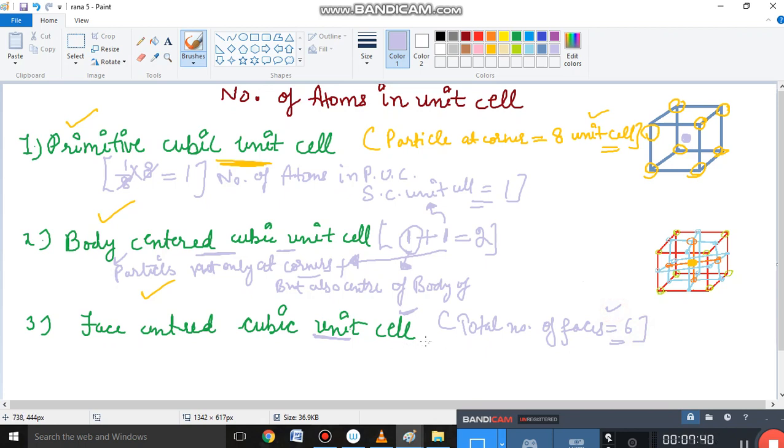Thus, the particle present at the center of a face of the unit cell is shared by 2 unit cells, which means it lies in between 2 unit cells.